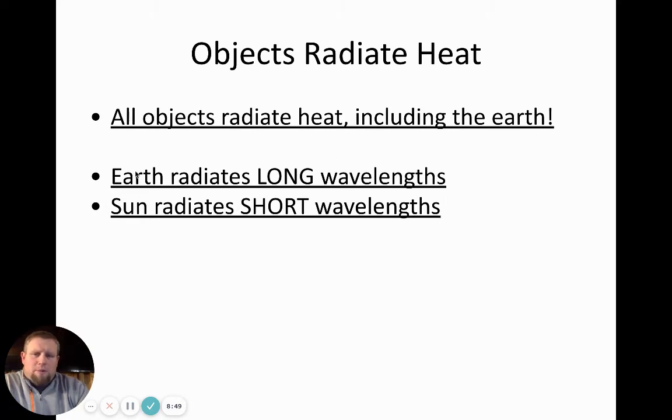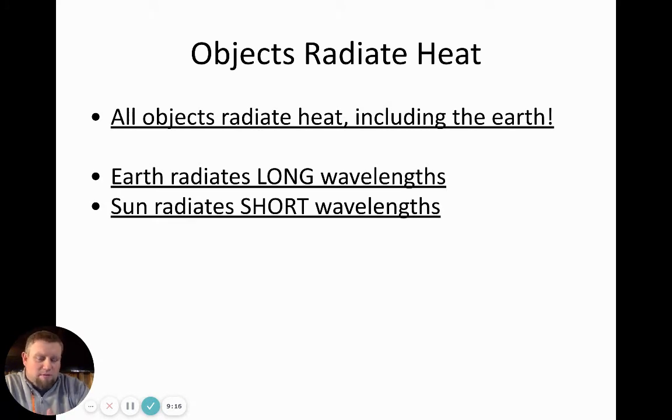But because Earth is a much cooler object than the sun, the Earth doesn't produce anything close to as much energy as the sun does. So because the sun is really, really hot and the Earth is much cooler, the Earth is going to re-radiate long wavelengths of heat energy, whereas the sun radiates short wavelengths because it's hotter.